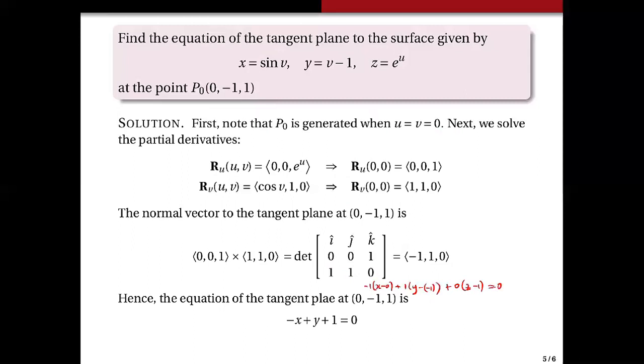If you simplify this, you will end up with this expression: minus x plus y plus 1 equals 0. So that will be the equation of the tangent plane.